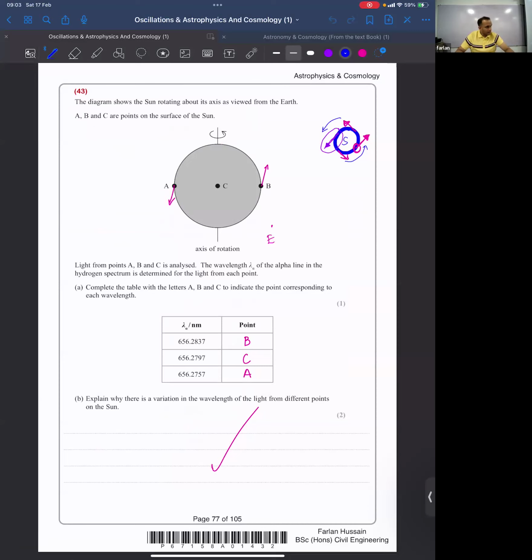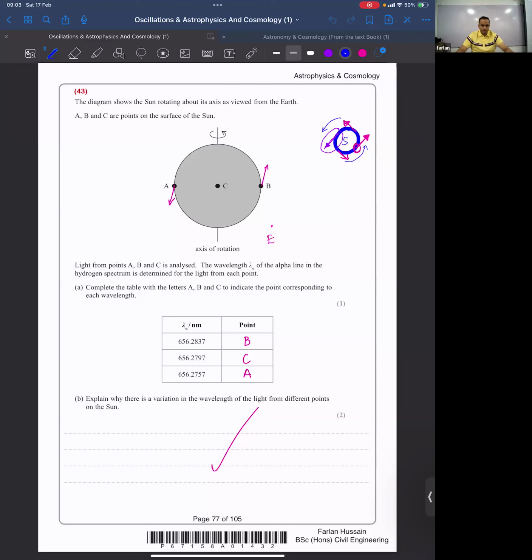We have done part A and B. Part A says complete the table with the letters A, B, and C to indicate the points corresponding to each wavelength. So point A is moving towards us. Point B is moving away from us. Based on that, you can decide which wavelength corresponds to which one.